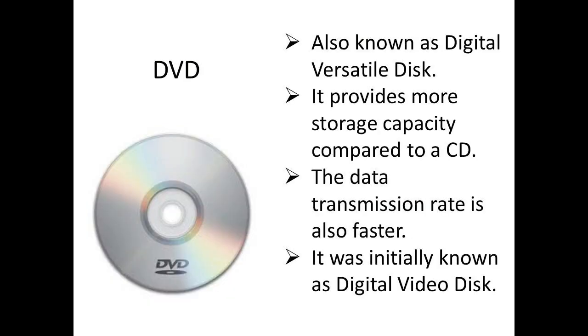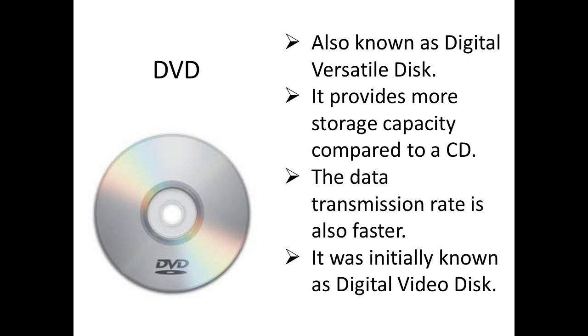Next one is DVD, digital versatile disc. It has been a popular device since its invention in 1995. The initial purpose of DVD was to store high quality video, audio, and other files of large size because it provides more storage capacity compared to a CD.